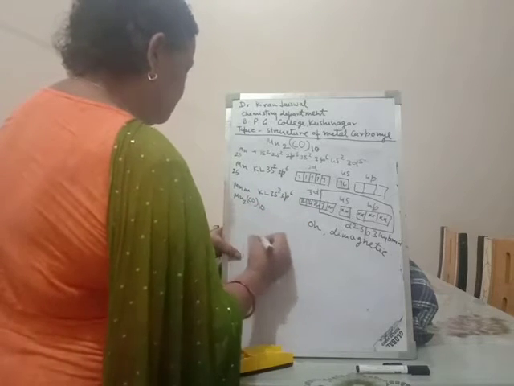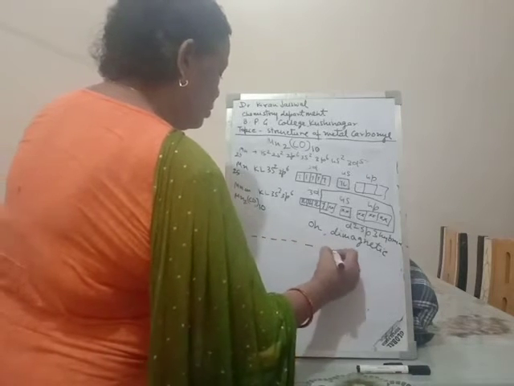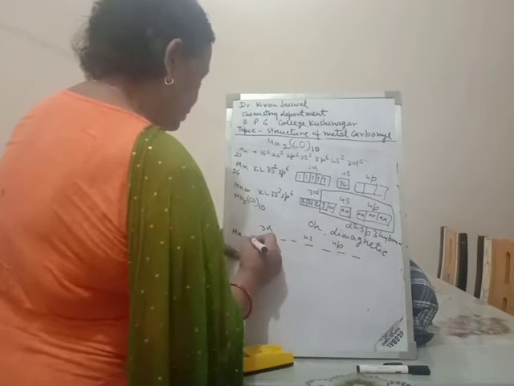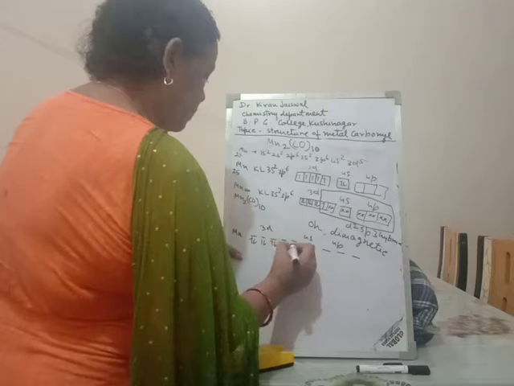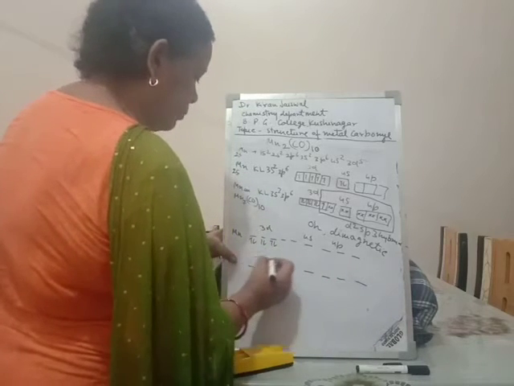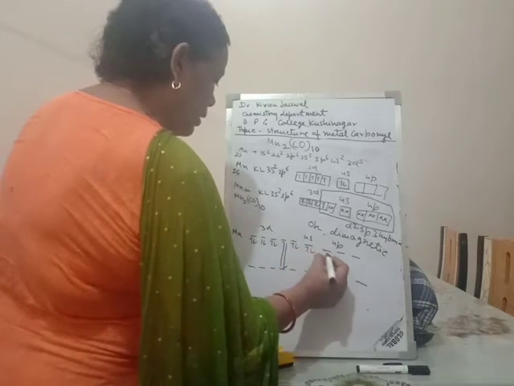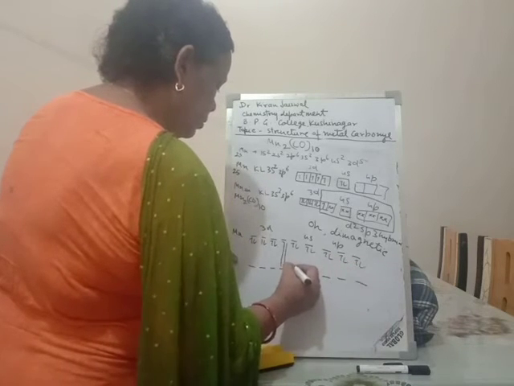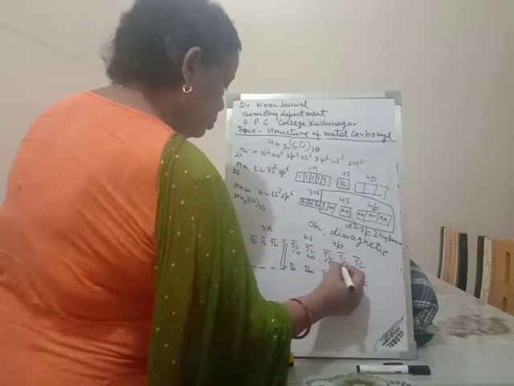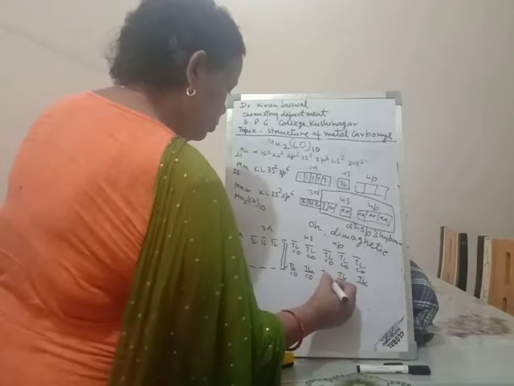It can be written like this: manganese with 3d, 4s, 4p orbitals, this is another manganese atom, and this is the manganese bond, and these are the 5 CO groups on each.